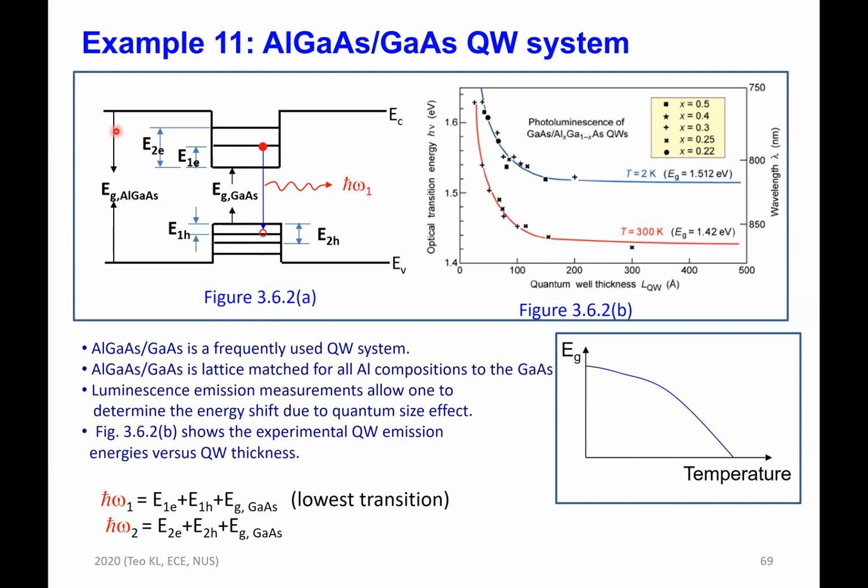Therefore, if you change this band gap, of course, you're going to change your delta EC. But however, let us discuss only the first electronic transition energy. So it goes like as the well thickness decreases, the optical transition energy decreases.